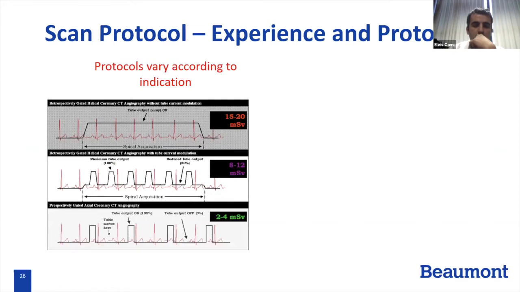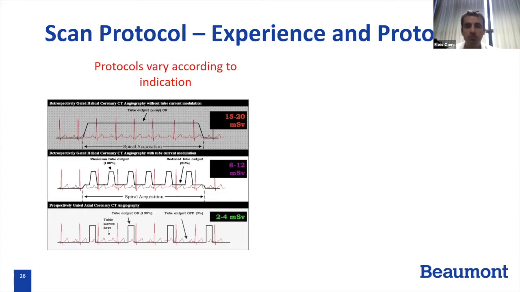Most of our patients, we use a step and shoot sequence, so prospective scan. We obtain 3 phases. So on the Siemens, those are 65, 70, and 75%. Occasionally, depending on heart rate, depending on rhythm, we'll do a retrospective scan, and the window will vary, meaning we'll obtain images from like 40% to 80% or 30% to 90%.